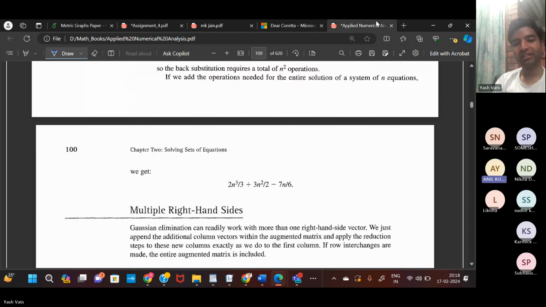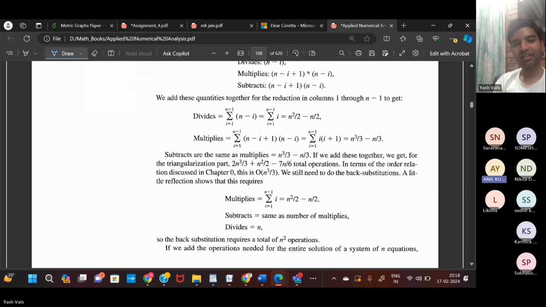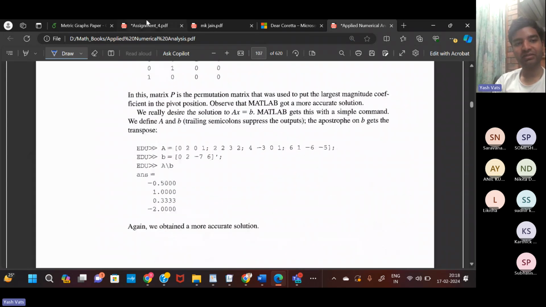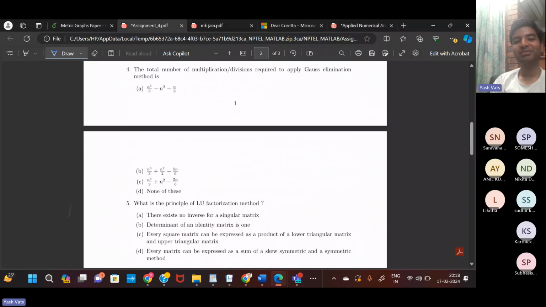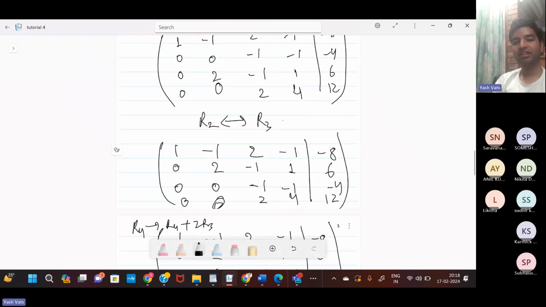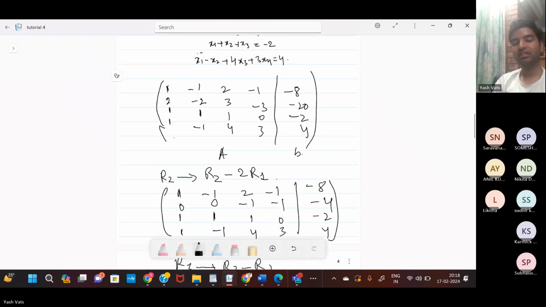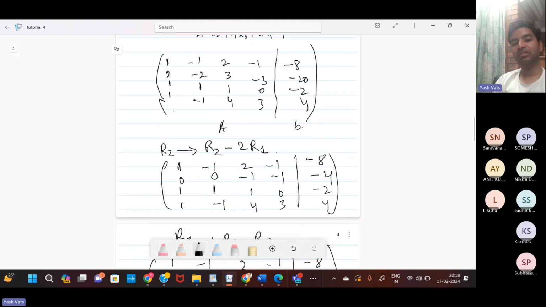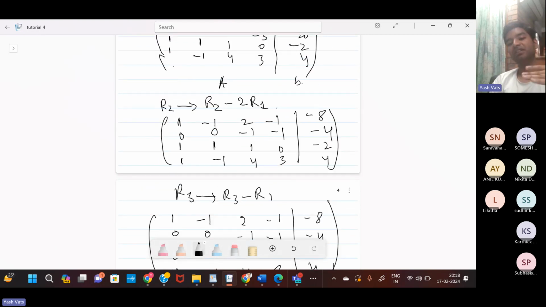Sir, please explain question number 4. What is question 4? It's just about counting the number of multiplications and divisions. Let me explain. If this is the matrix, how many times are you multiplying and how many times are you dividing?